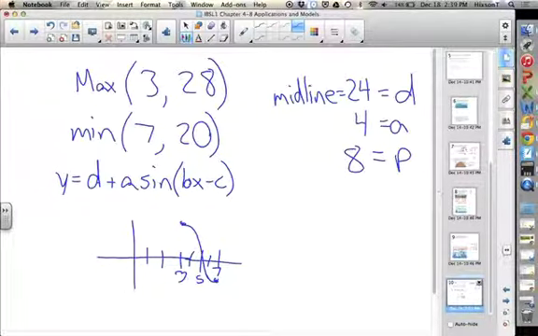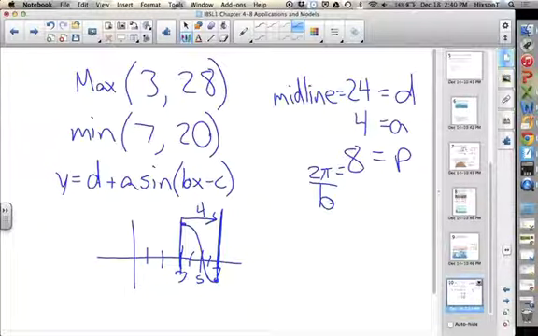All right. You can also get the horizontal shift and B. How do you find B? 2 pi over B equals 8. How do you get 8? Because this distance of 4 is half a period.